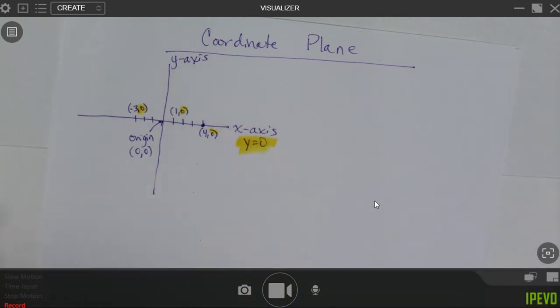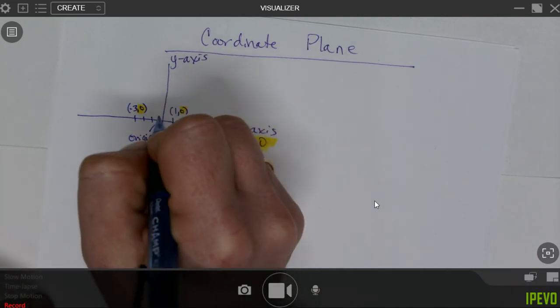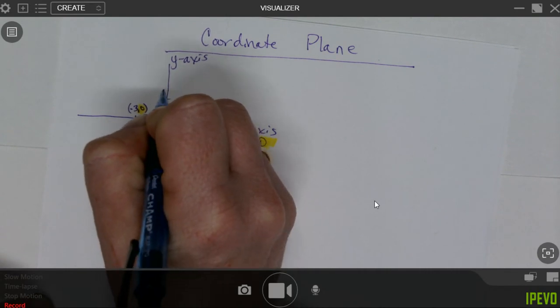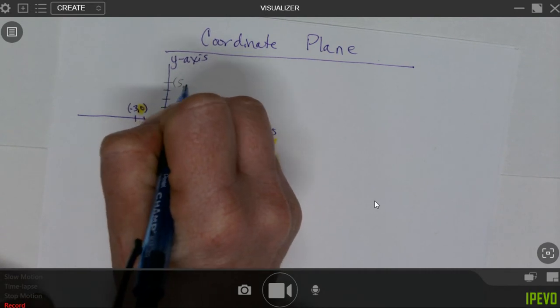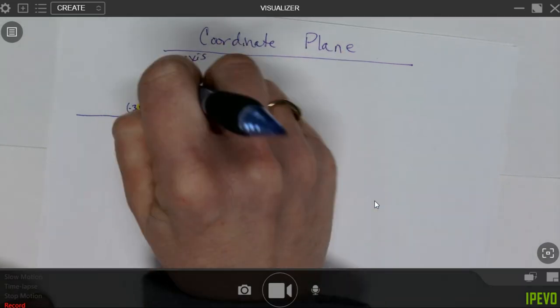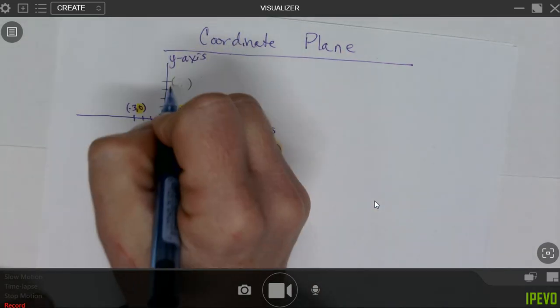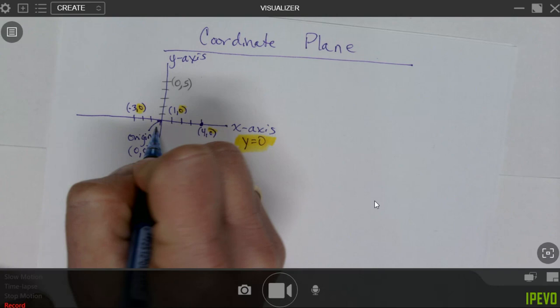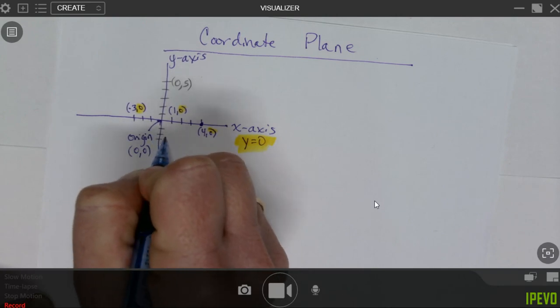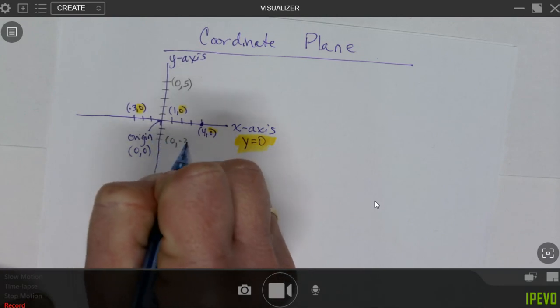Also, if we're working on the y-axis, look what happens on the y-axis. We have here, let's say 1, 2, 3, 4. This is 5. Oh, don't make that mistake. This is 0, 5. And if I go down here, 0, 2. This was 0, negative 3.